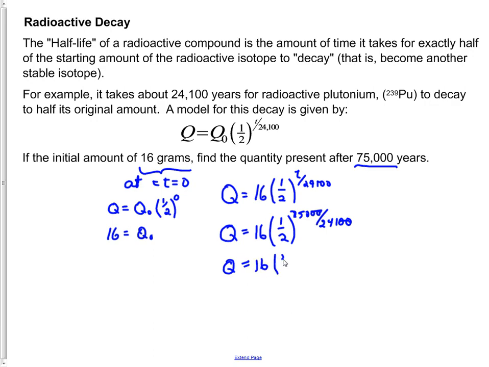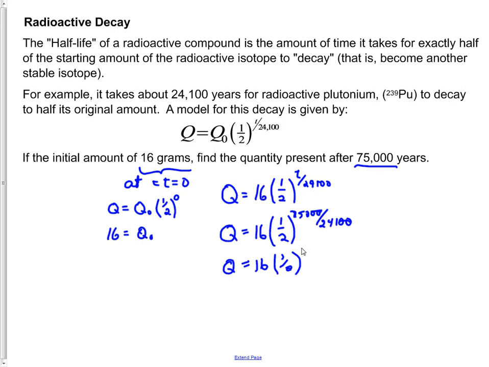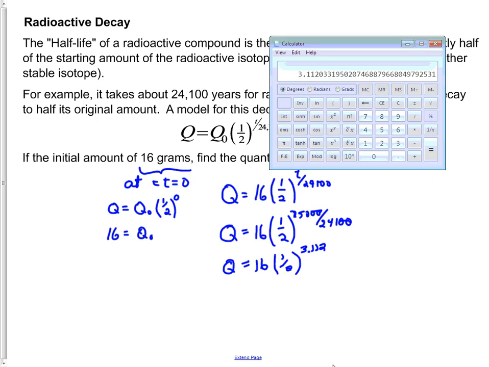So that's like saying 16 times 1/2 to the 3.112 power. All right, so using our calculator, we can take 1/2, raise that to the 3.112 power, and then multiply that amount by our original 16 grams, and here we go, 1.85.